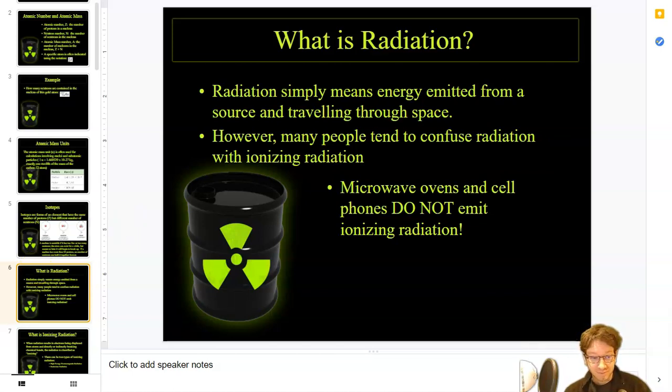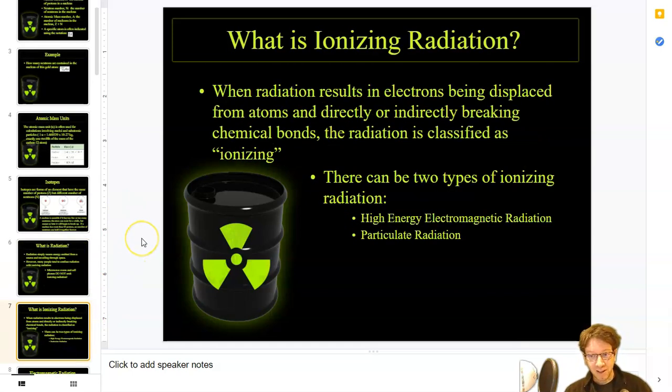A lot of people think microwaves and cell phones emit ionizing radiation, but they do not. Ionizing radiation, in terms of electromagnetic radiation, would be high energy electromagnetic radiation, things like UV rays, gamma rays, X-rays. And your cell phone does not transmit a signal with X-rays.